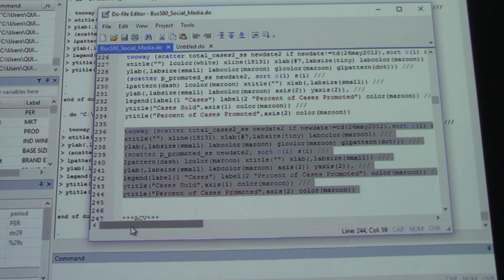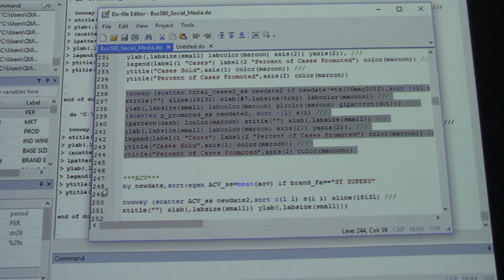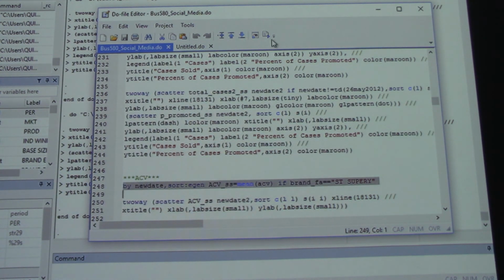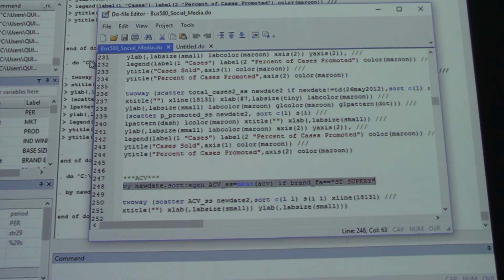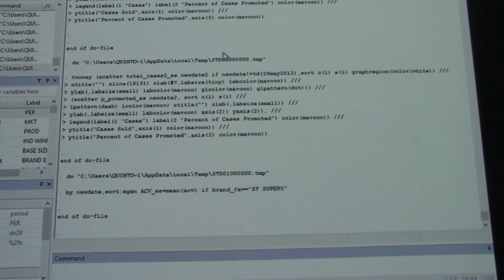All right, ACV is another variable in the data. We just need to aggregate it. I didn't distinguish between promoted and non-promoted; I think that's all in the data also. But again, by new date, instead of adding up ACV, we're taking the average ACV in each period. Remember, it's going to be our measure of distribution.